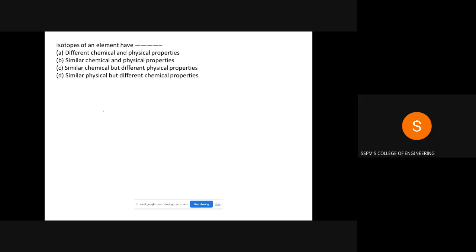Then, isotopes of elements have different chemical and physical properties, similar chemical and physical properties, similar chemical but different physical properties, or similar physical but different chemical properties. What is the answer?